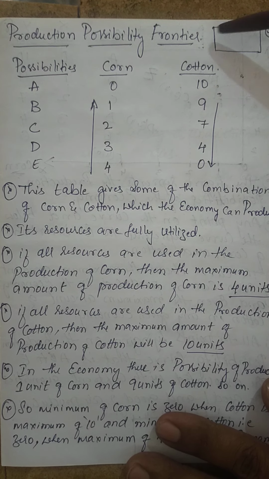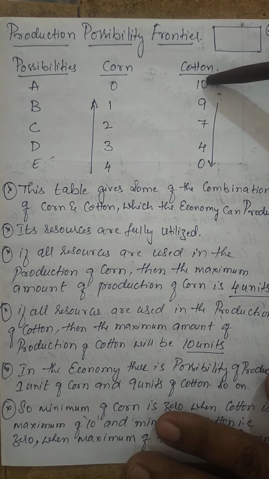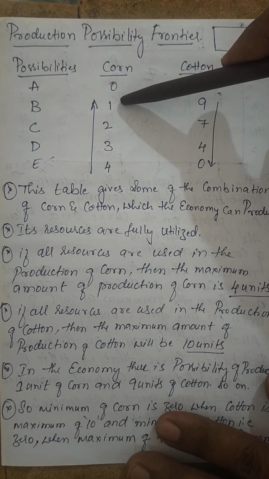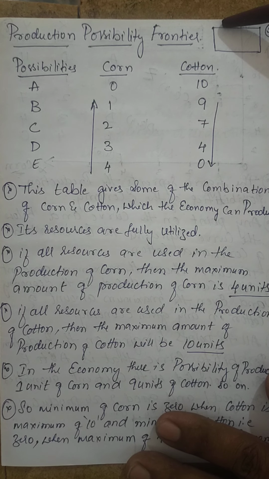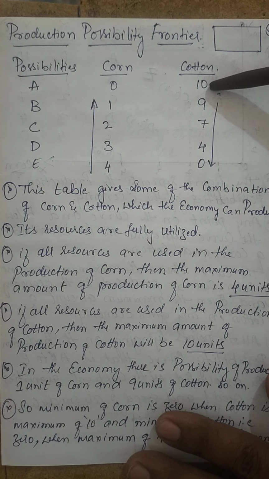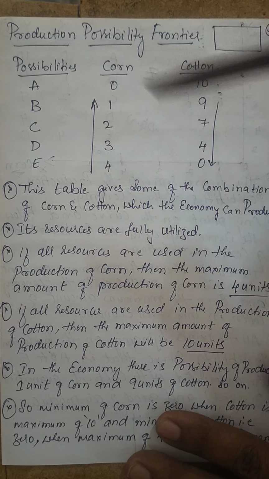Which means, out of the 10 units of cotton, he is going to sacrifice 1 unit of cotton to produce 1 unit of corn. If we consider 1% of land is taken to grow corn, then 1% of the cotton land has been sacrificed for the corn.